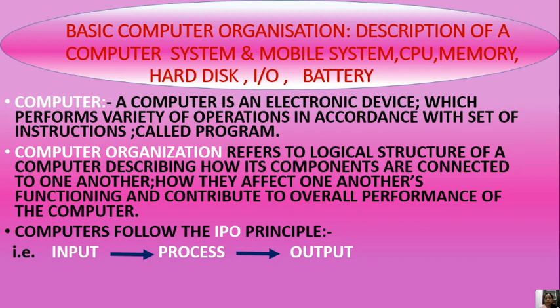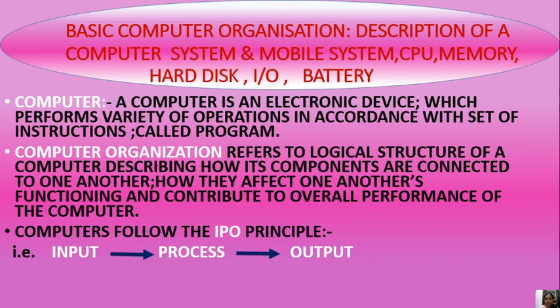So before starting the topic, first we should know what is the meaning of computer. You all are aware about this term computer, but here I have included the standard definition of computer, and you should know it, because now you all are computer science students.